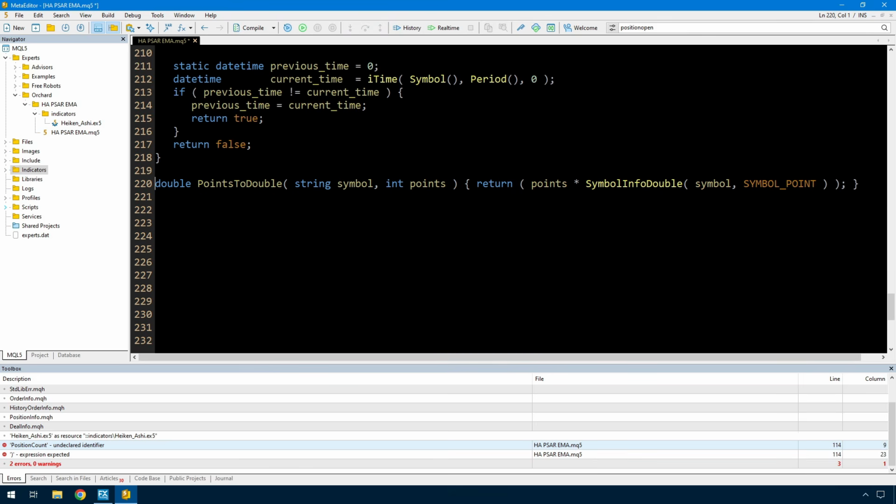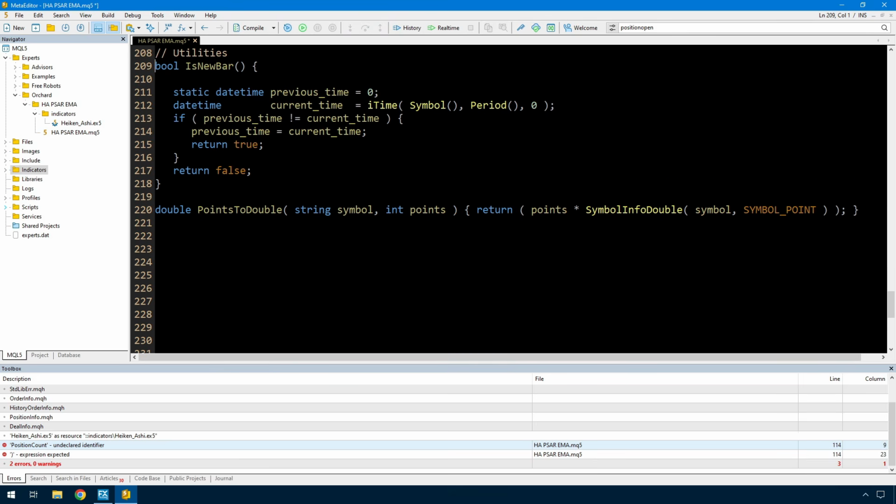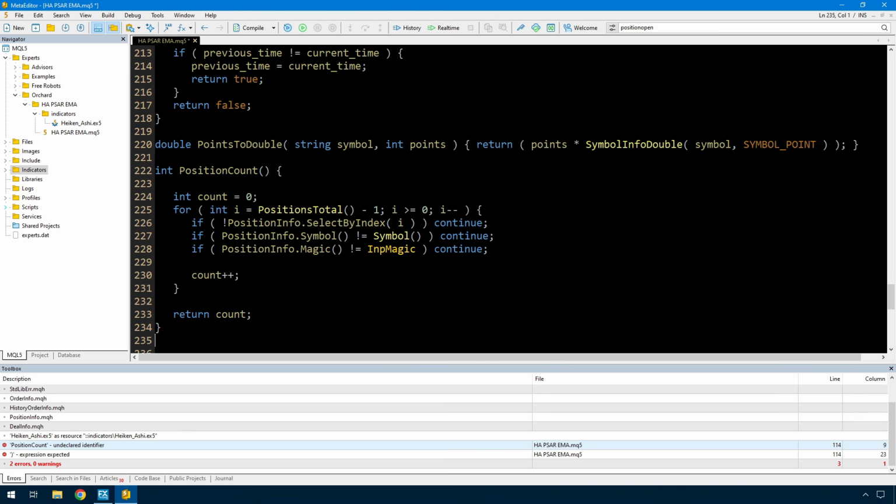Position count, just put it down here behind these two utility functions. So just initializing count, I'm looping through all positions. Select by index using the position info class for i. Now if that returns a false, it means it didn't select that particular position.